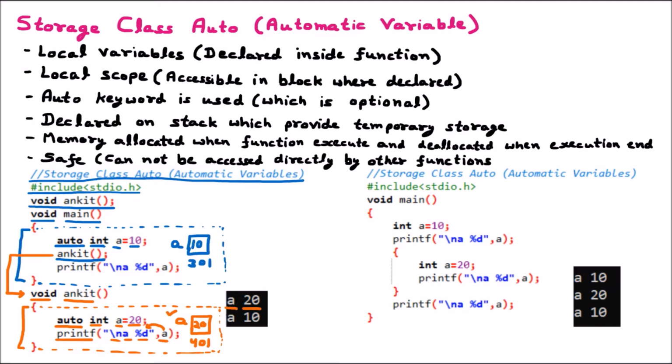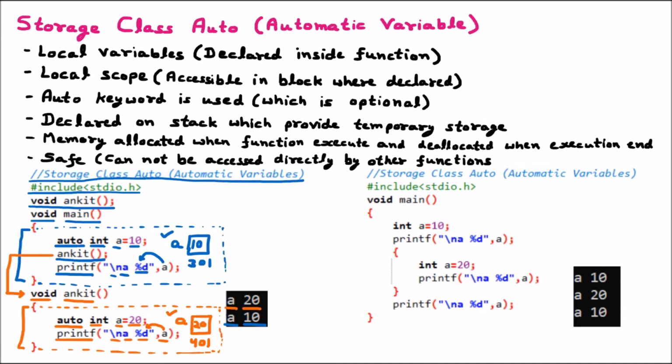In the main program, we have printf, then \n for the new line, then a, and %d for the integer value. Now again it will access the local value, and the local value of a is 10. So 10 will be printed on the screen. Understand that these two are different a's with different values and different addresses. The above cannot be accessed by the below function, and the below can be accessed by the above function.